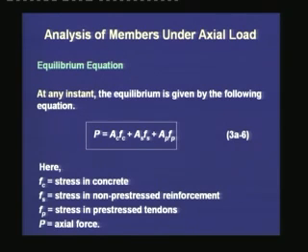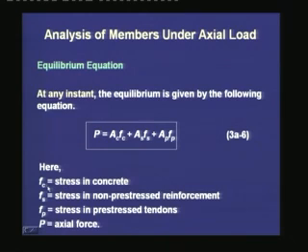The first principle, that is equilibrium, can be expressed at any instant of the load versus deformation behavior by the following equation. The external load is equal to the internal force in the concrete plus the internal force in the non-prestressed reinforcement plus the internal force in the prestressing tendon.